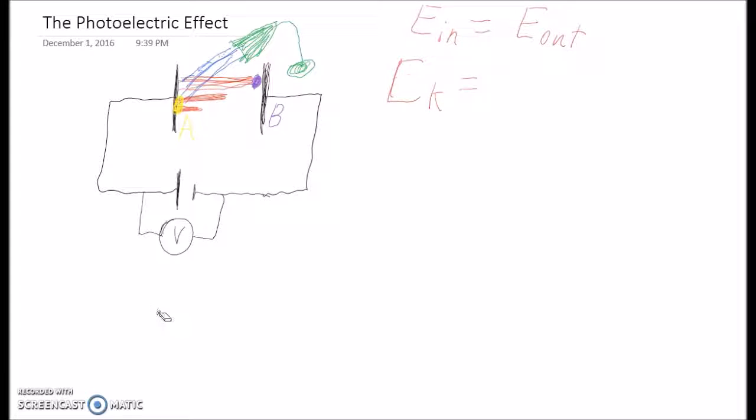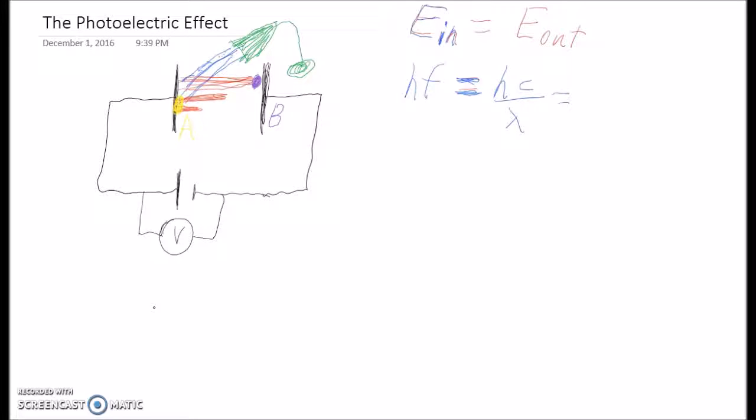Well, a better way to look at this. I'm going to change these things around. E in is going to be this photon energy. Okay, so the photon energy is EF, or you can write it as HC over lambda. That's another way of writing it.